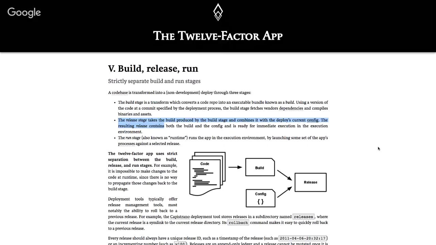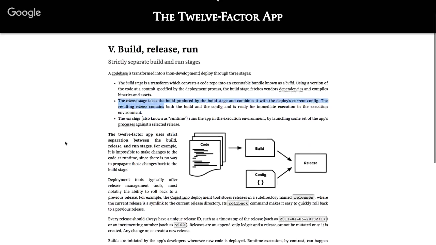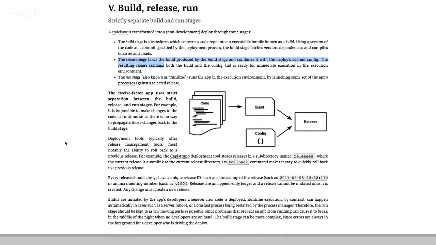So the code base is transformed into a deploy through 3 stages. The first one is the build stage, the second one is the release, and the third one is the run stage.